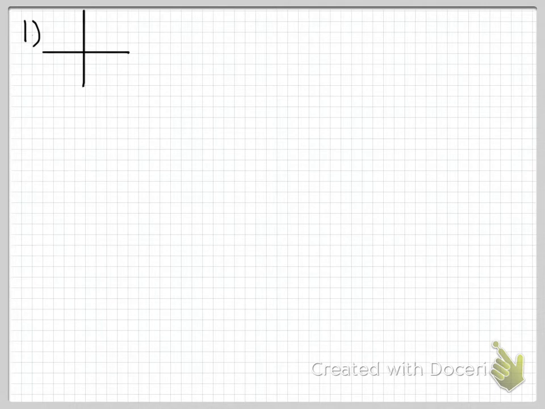Let's start with number 1. Number 1 says, write an equation of a parabola with vertex at the origin and the given focus. I want to take a look at what this looks like first, okay? We have a vertex at the origin.